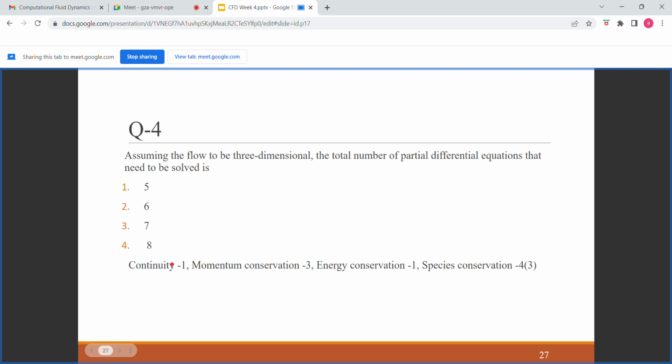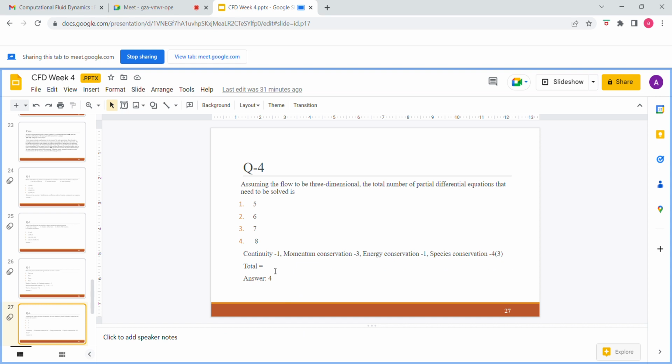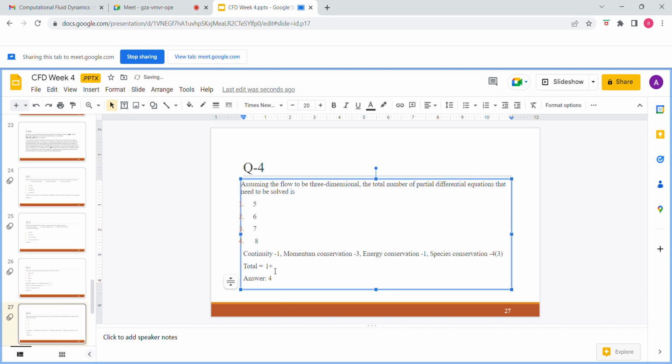The continuity equation is 1, momentum conservation equations 3, energy conservation equation 1, and for species, the number would be 4, but we subtract 1, so it would be 3. The total would be 1 plus 3 plus 1 plus 3, which is equal to 8.